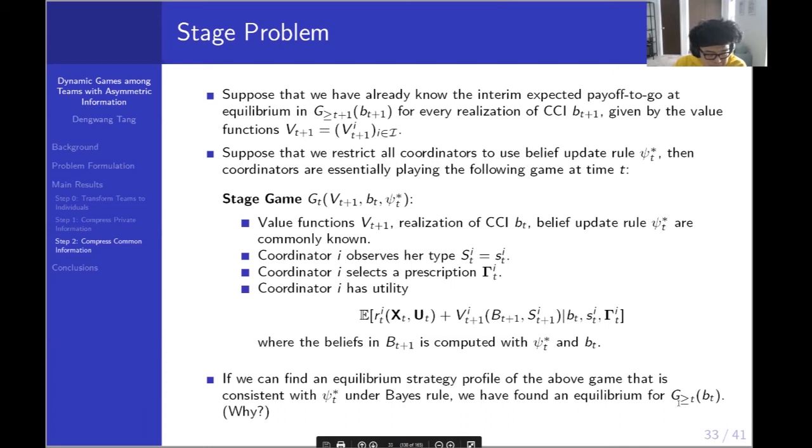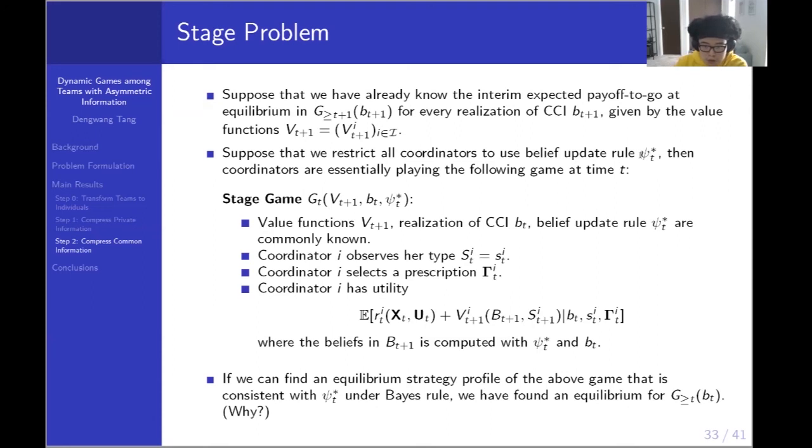Why is that? Yeah, this part is a bit technical, so bear with me. If we look at this stage game, we have restricted the coordinator to use the update rule, but the coordinator doesn't have to be restricted, right? They can use any strategies they want.